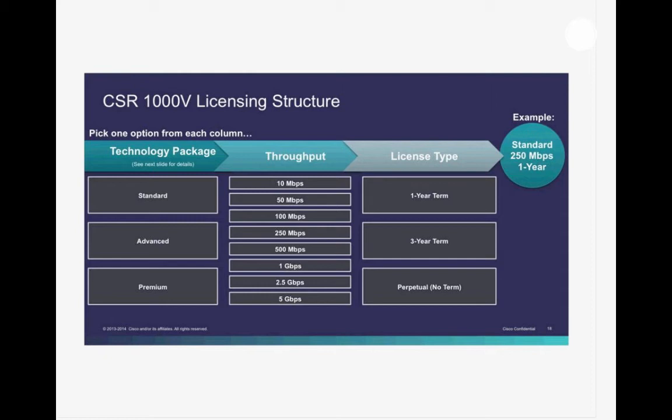Once you've picked those 3 things, the technology package, the performance, and the duration of the license, you end up with one of the particular SKUs that you can find on our price lists. The example on the right-hand side there is standard technology package, 250 megabits per second for a 1-year license. If you looked into the price list for the CSR, that would be one of the options in there. All of these combinations are available in the price list, and you can pick whichever one fits your needs most specifically.